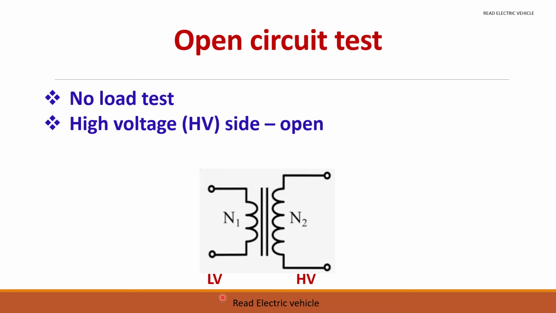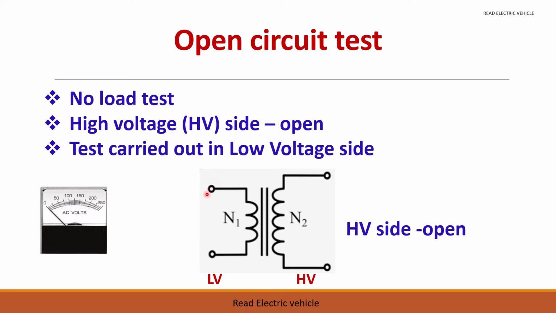Now, in this case, this is the low voltage winding and here we have the high voltage winding. Normally, this high voltage side is kept open and the measurements are done on the low voltage side. So, in the open circuit test, normally the high voltage side is open.